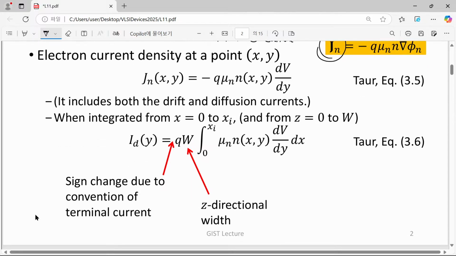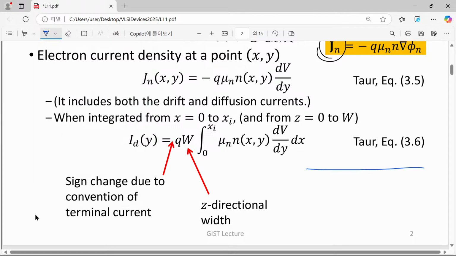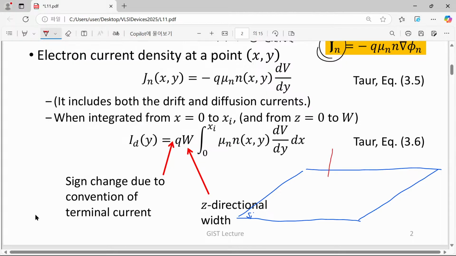Once again, let's just think about this one. Now I'm trying to draw a magnified view of our system. So let me just draw silicon. Let's say that this is the surface of our silicon substrate, and here we have a certain pillar, and this pillar corresponds to our drain.